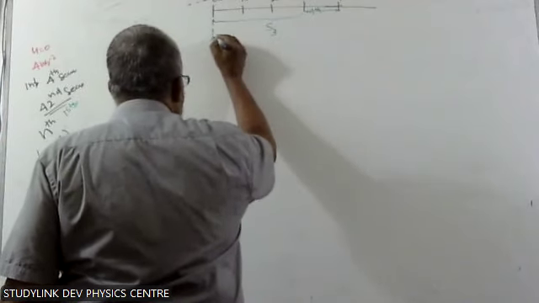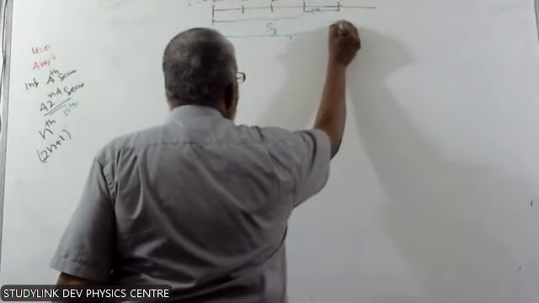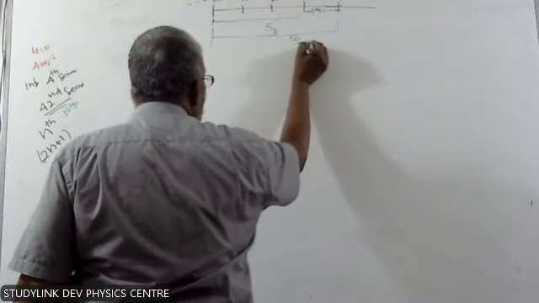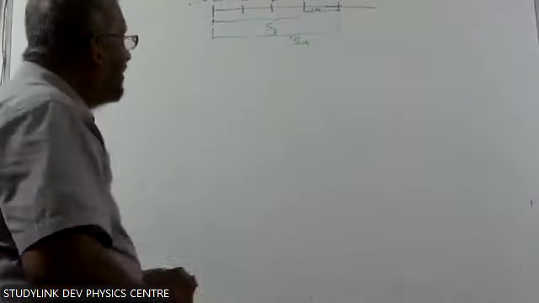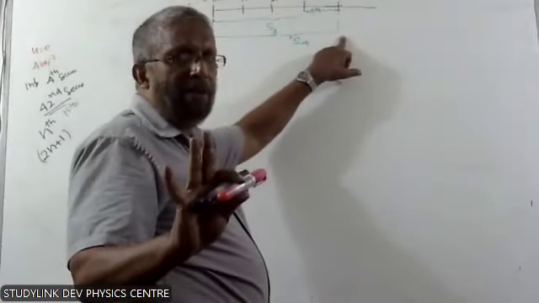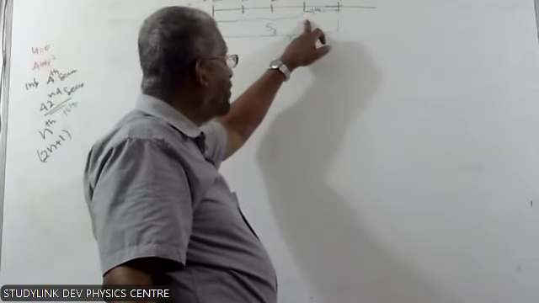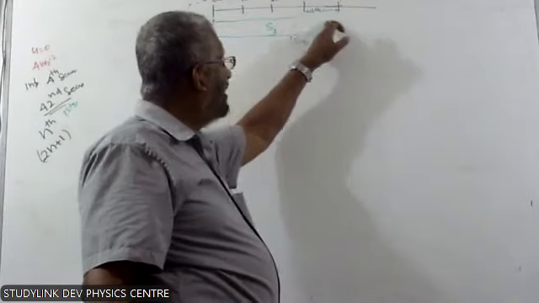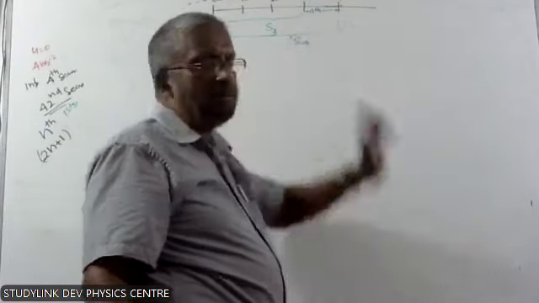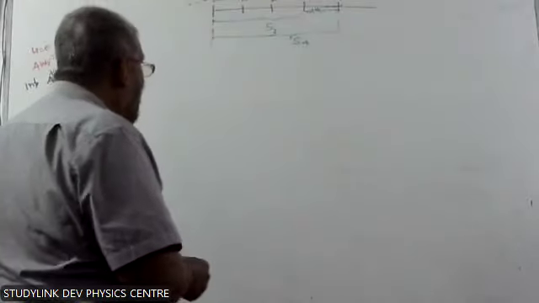Again calculate the distance from 0 to the 4th second as S4. Understood? Say from here to here, just a value only, 100 meters. This is 92 meters. Then the distance traveled during the 4th second is the difference, 100 minus 92. We'll see what the correct values are. Then this is the way.